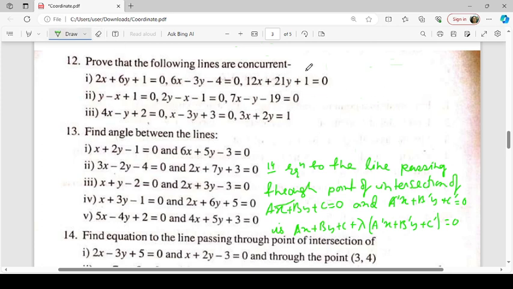So the equation of the line is twice x minus thrice y plus 5 plus lambda into x plus twice y minus 3 equal to 0. So this is the general equation. This is say 1.